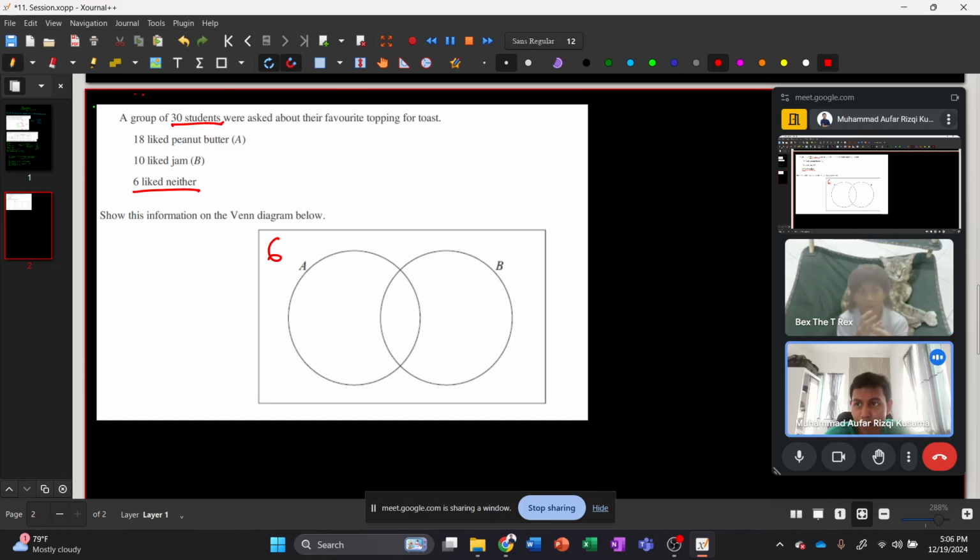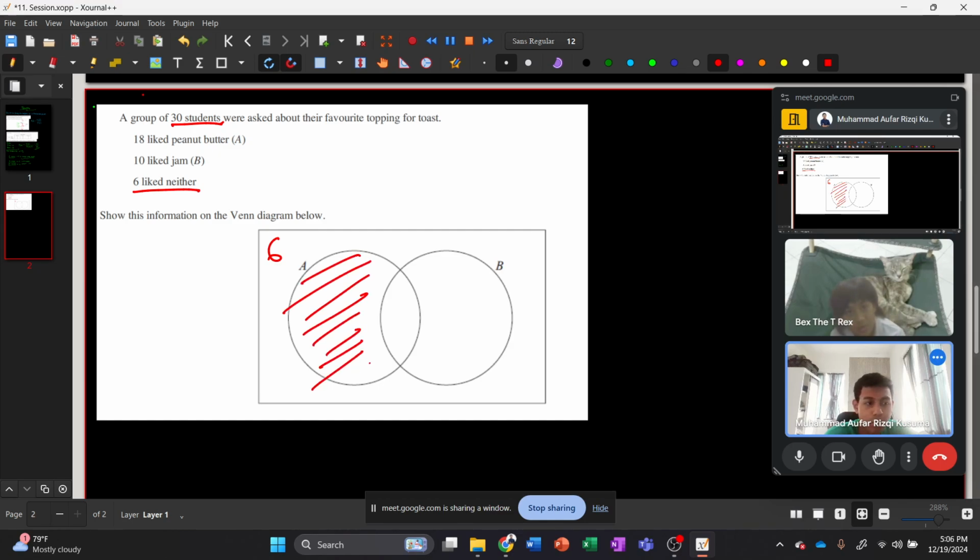Now, that 24 is made up of this region, which is students who like peanut butter only, and also students who like only jam, and also students who like both of them, which is in this region.